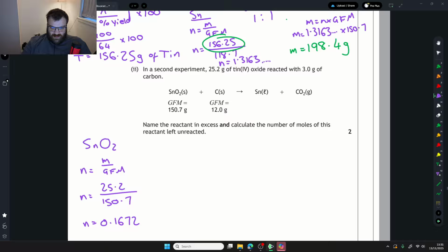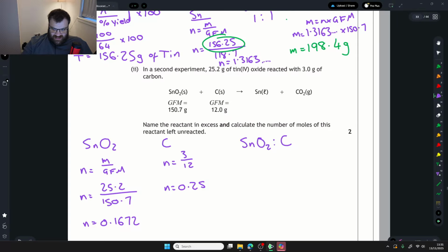And then for carbon, it would be 3 over 12, gives us 0.25. Because this is a 1-to-1 ratio, they're getting used up at the same rate. So for every one SnO2 used, there's one carbon used.